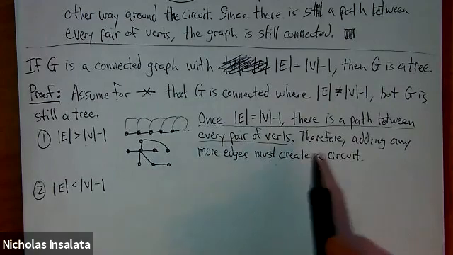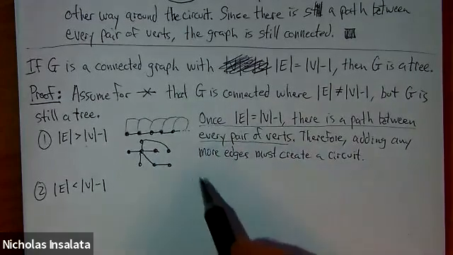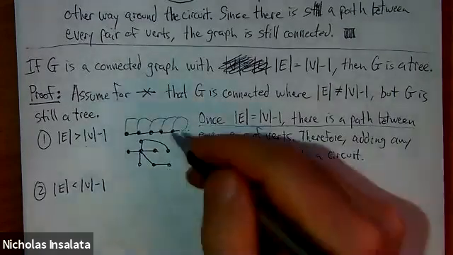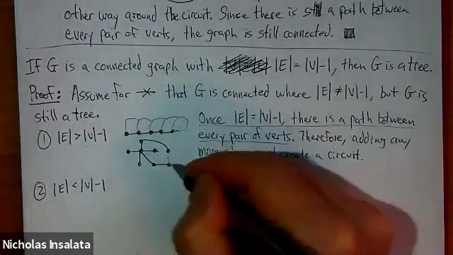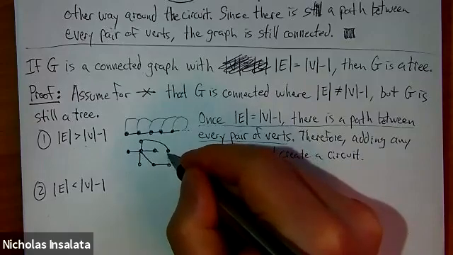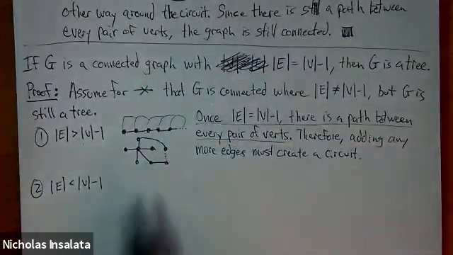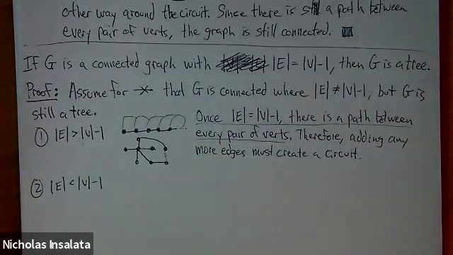And so if we add any additional edges than that, a circuit will be created, right? Because there's already a path between every pair of vertices by our construction, just because it's connected. That's what connected means. Does that make sense? Did that help?